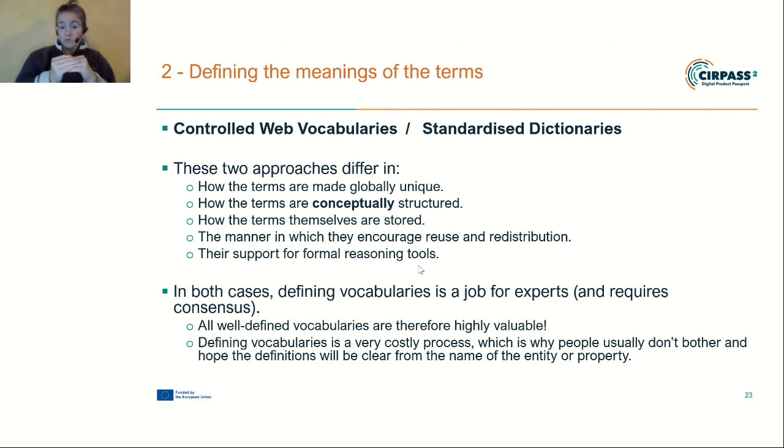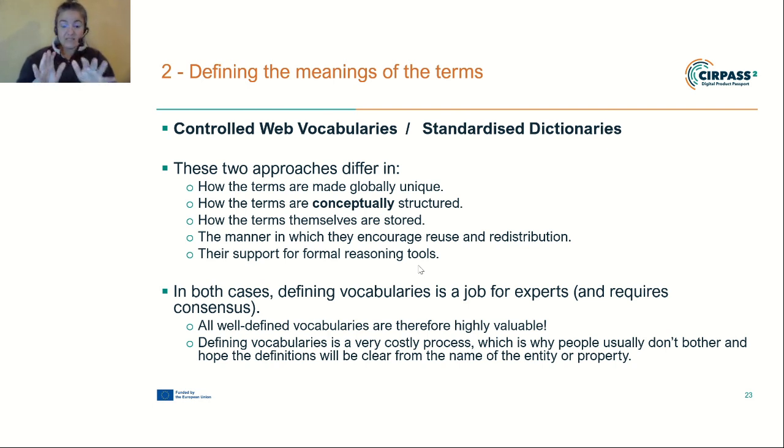The two approaches also differ in how the terms are conceptually structured, because there are always relationships between the terms. So there is a structure in how these concepts relate to one another. They differ in how the terms are stored, in the manner in which they encourage reuse and redistribution of the terms, and in their support for formal reasoning tools.